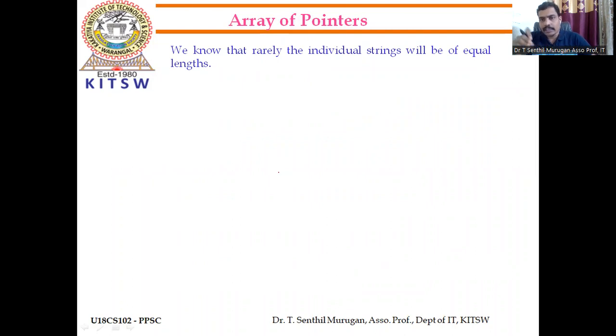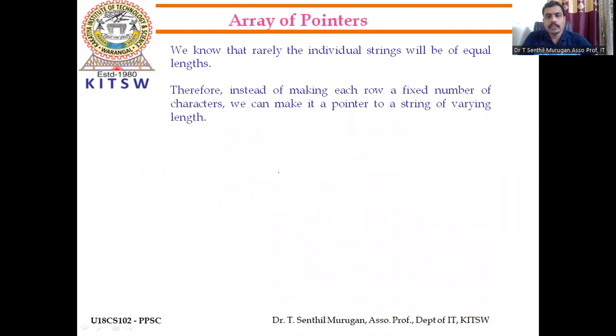If we take them like this, they are not of equal length. So normally, we accept the maximum number of characters and give that in the array. Instead of making each row a fixed number of characters, we can make it a pointer to a string of varying length. That is the main advantage.